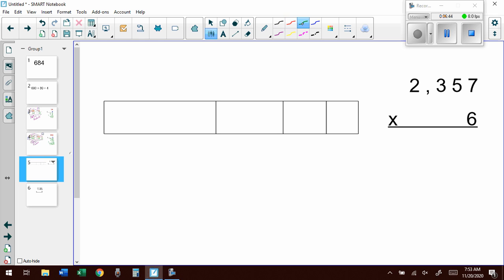We are going to take 2,357. We're going to "yachad" it into pieces. We're going to multiply that by 6.